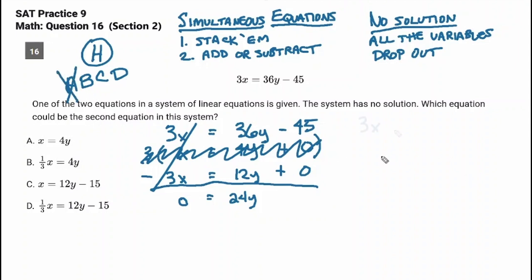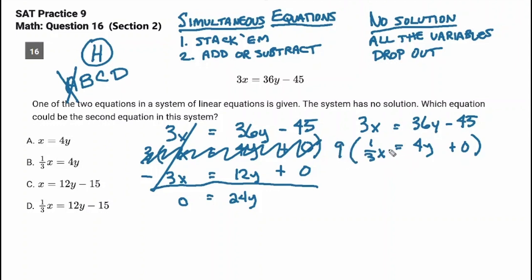Now I got to do B. Told you there's a lot of writing. This time I'm going to write less. So for B, it's 1/3 x equals 4y, and again, there's no number, so it's plus 0. All right, again, I'm going to have to multiply one of these equations, or I could divide. I'm going to multiply this one by 9. Why 9? Because I want to get 9 times 4 is 36.